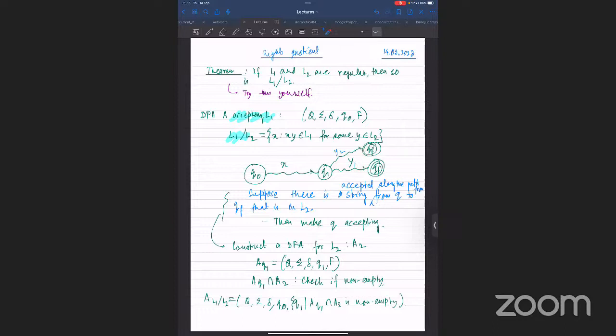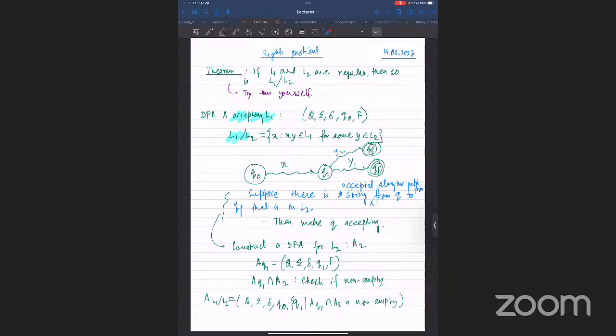There can be infinitely many such paths, but all you can do, in order to get all such words starting from Q1, is construct the DFA with this as the initial state, see what language is being accepted, and take the intersection with the DFA for L2, right? It's a nice construction, but not very difficult.